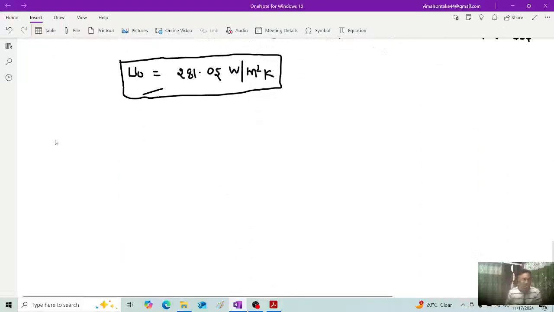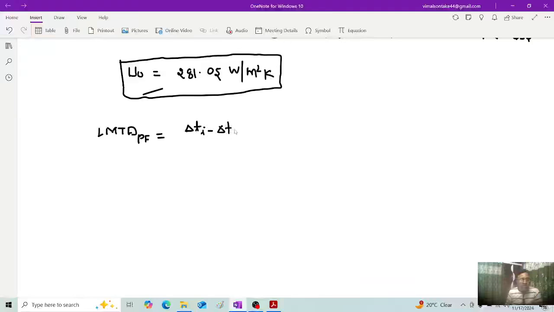So LMTD for parallel flow, I am directly writing this formula. Is nothing but delta Ti minus delta To to the log of delta Ti to the delta To.